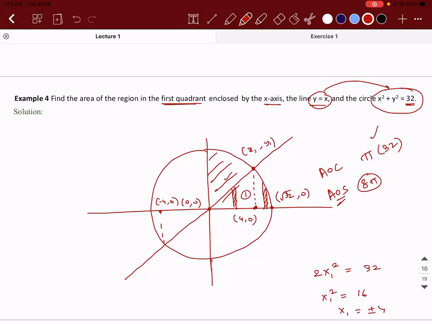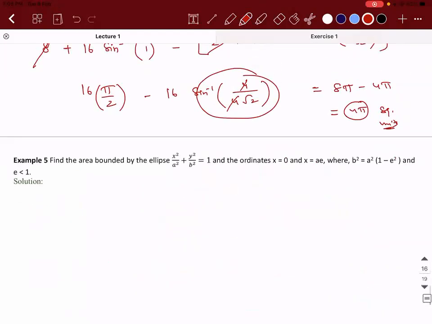Correct? Then this line y is equal to x is going to divide the first sector itself into two equal parts. Then what will be the area of half sector? It will be 4 pi. Correct? That 4 pi is what we have got.